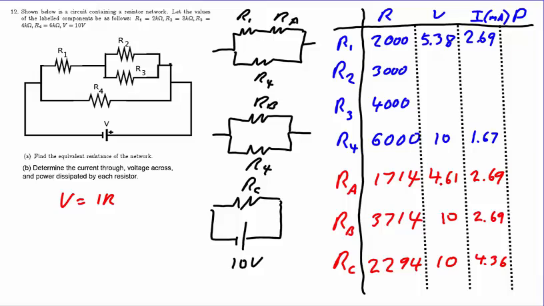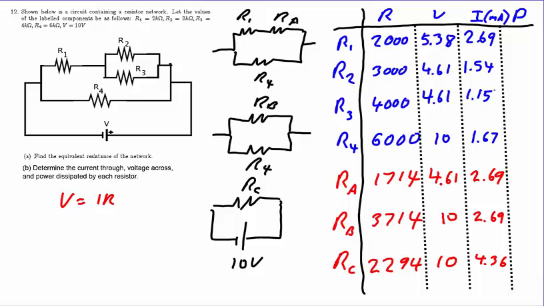Because these are made from a parallel combination, we will copy the voltage of 4.61 volts into each of those rows. 2 out of 3 on these rows allows us to calculate the currents, and these two calculations yield 1.54 milliamps and 1.15 milliamps.